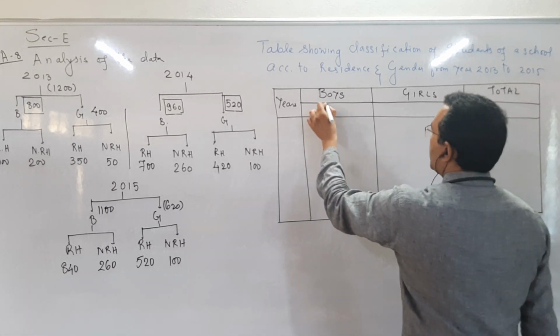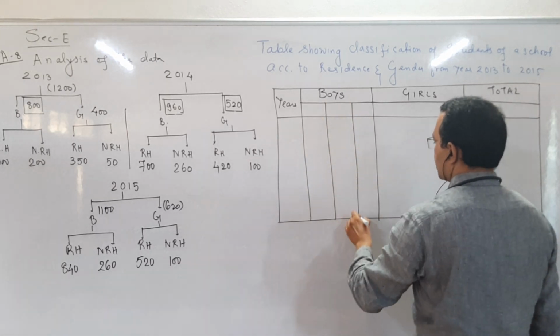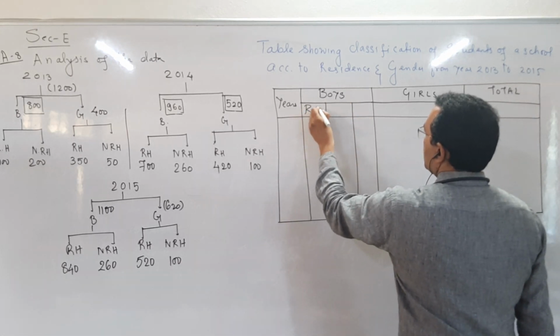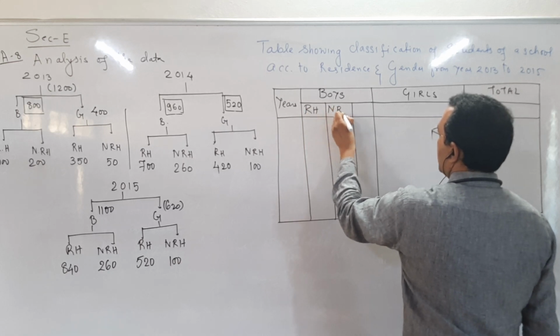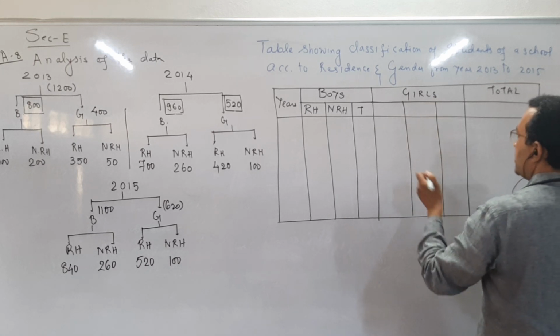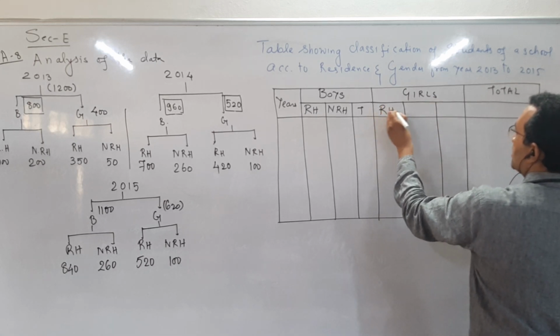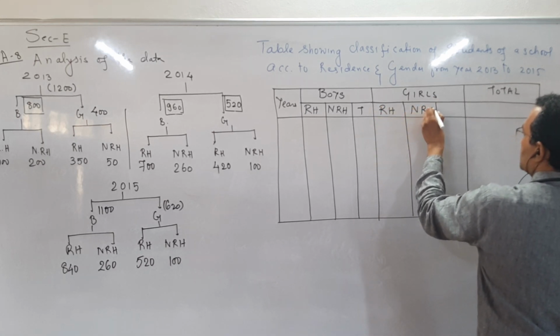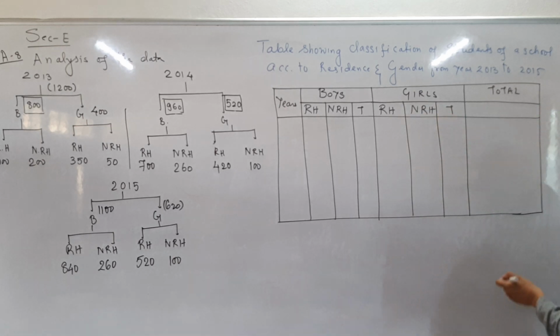This will be again divided into 3 parts: residing in hostel, not residing in hostel, and total. This will be again divided into 3 parts: residing in hostel, not residing in hostel, and total.